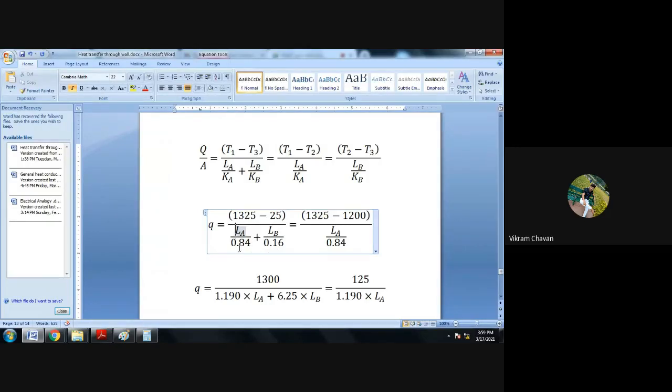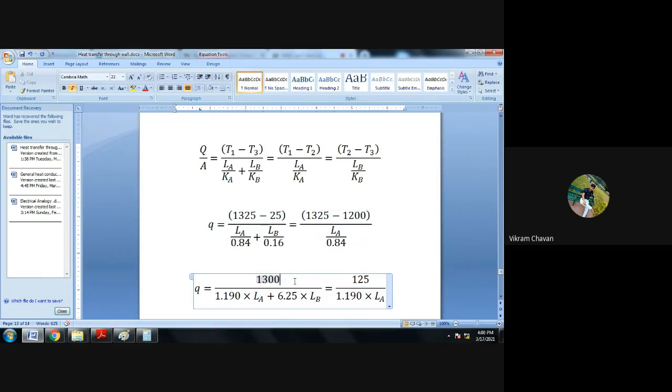Okay, so 1 divided by 0.84 will be equal to 1.190 multiplied by LA, and 1 divided by 0.16 will be equal to 6.25. And in similar fashion on the left side, 1 divided by 0.84 will be equal to 1.190. Okay, so Q is equal to 1300. Okay, 1325 minus 25 is equal to 1300, and 1325 minus 1200 will be equal to 125.